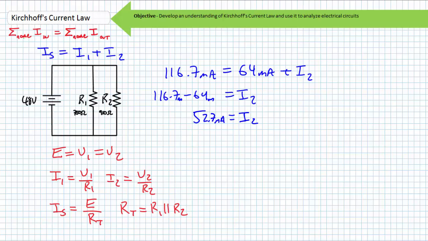Having observed Is at 116.7 milliamperes and I1 at 64 milliamperes, solving for I2, we find it to be 52.7 milliamperes as expected, without taking a third current measurement using the ammeter.